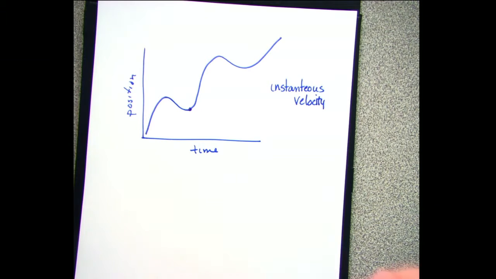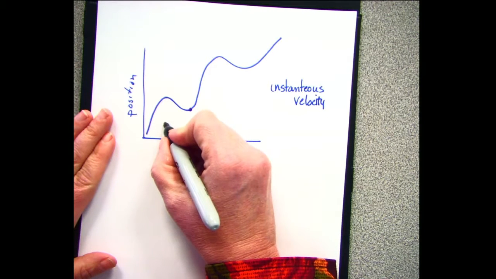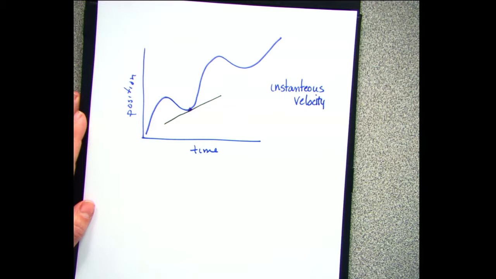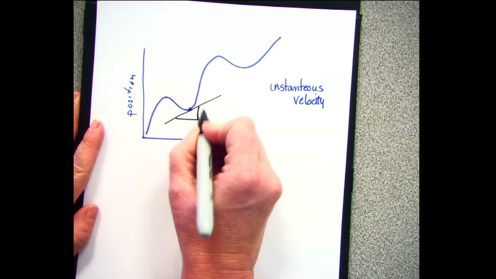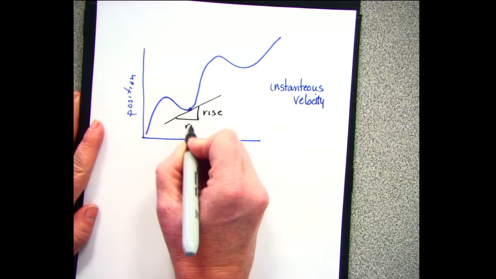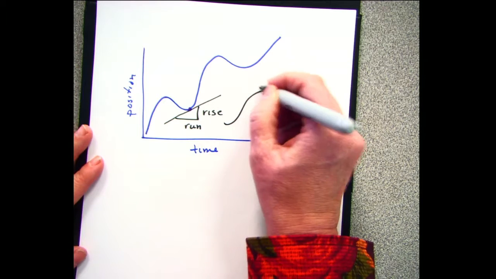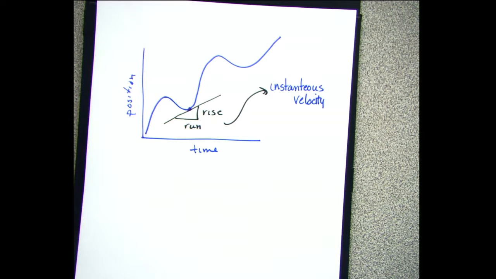And we know how to do this because we've done it in math class. I draw a nice tangent to the curve, right? And then I go, okay, there's my rise over my run. And I can figure what the slope is. And this gives me an instantaneous velocity, because we've done that in math class. It gave us an instantaneous value.